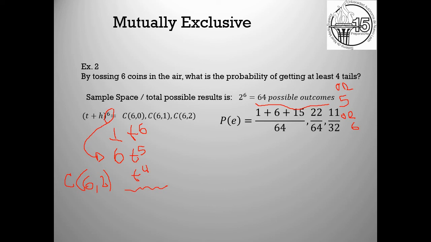This one, we get by the combination of 6 with 2, and we will have 22 possible results out of 64. Always we try to simplify. The fraction in this case will be 11 over 32. We can leave it like that, or we can solve it as a decimal or as a percent.